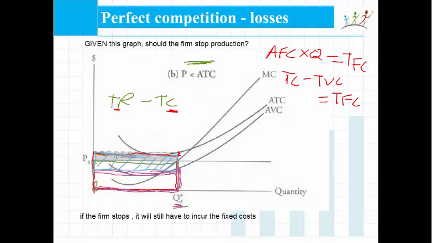So the theory is that till the time you can cover your variable costs, you should continue production in the short run.